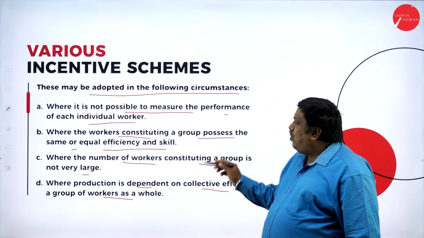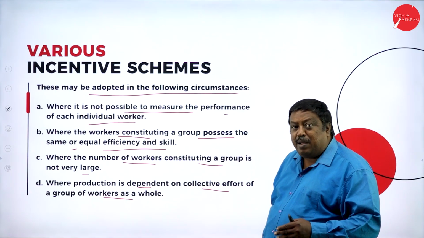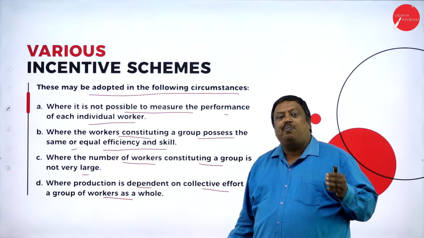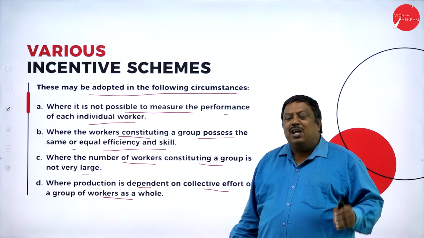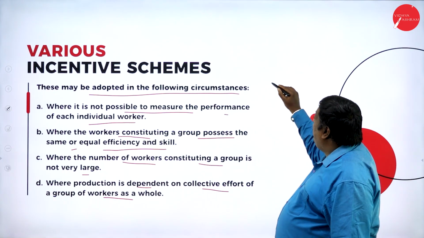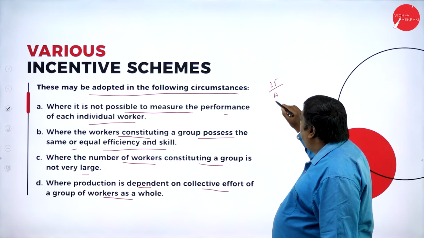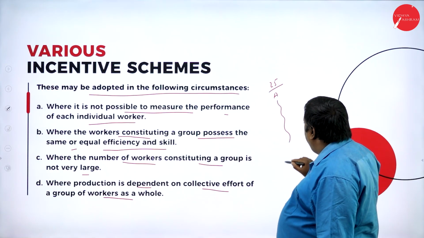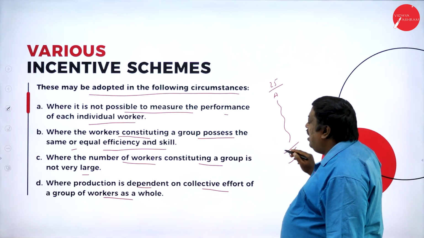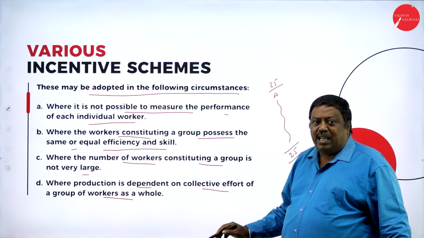In this concept, they're saying where we can't adopt this type of scheme: when in the organization a certain group of people are there, assume there are 25 laborers, whatever is paid to A should be paid to the remaining employees in the list of 25, or else they're not going to agree and will not work in the organization.